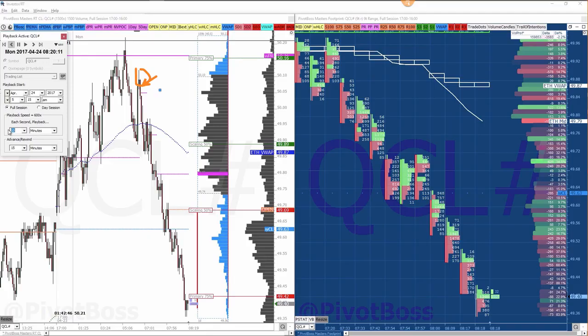But my goal first is just get to a T1 so I can scale half, and then from there, take advantage of those lower targets on scales 2 and 3 or more, depending upon if I add back, etc. So that's a way right there where after you get T1, these are the big targets. But even then, if this is a significant rejection enough for you, these could be your targets easily.